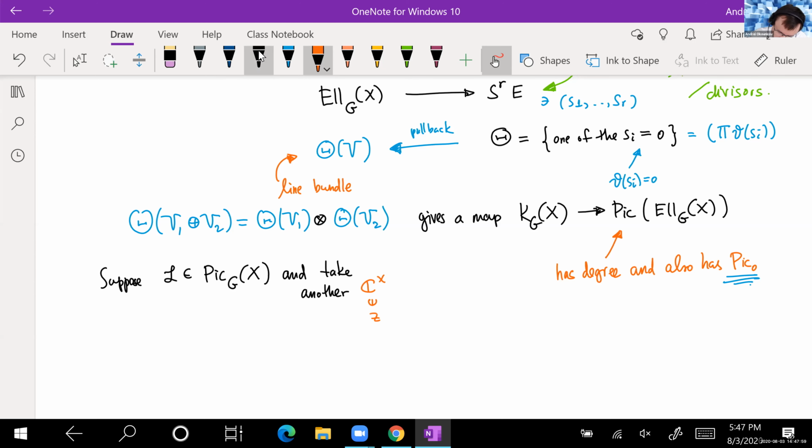And then consider theta of the following representation: L minus 1 times Z minus 1.